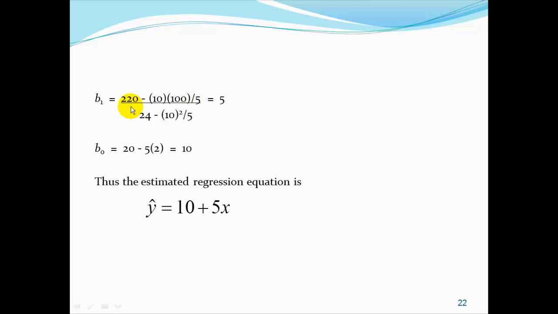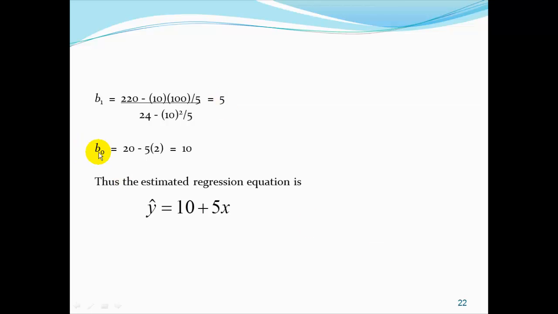All of this should be divided by the summation of x squared, which is 24, minus the summation of x, which is 10, squared, divided by n, which again in our case is 5 since we have 5 data pairs. You should have computed B1 to be equal to 5.